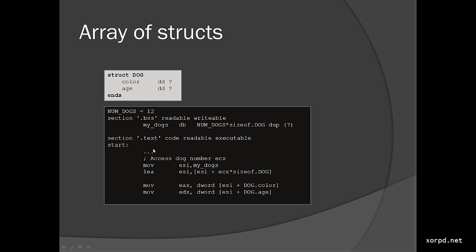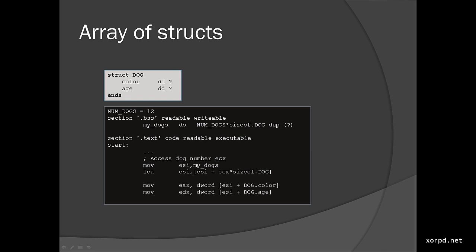So assume that some code here has already initialized this memory construct. And now we just want to access dog number ECX. Maybe we got ECX as an input, for example. Maybe the user wants the details of dog number ECX. So how can we get the details?